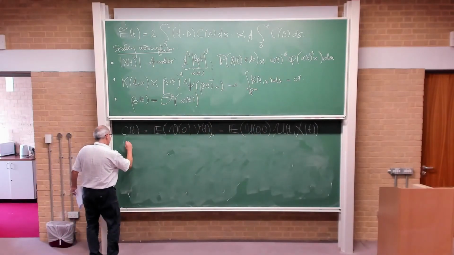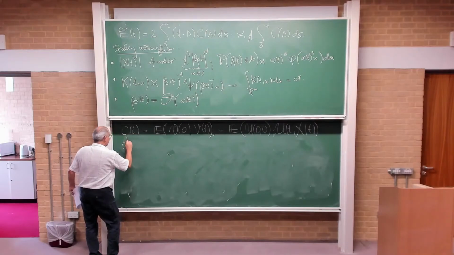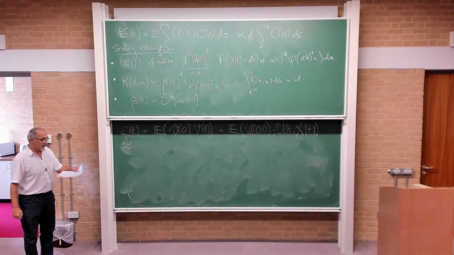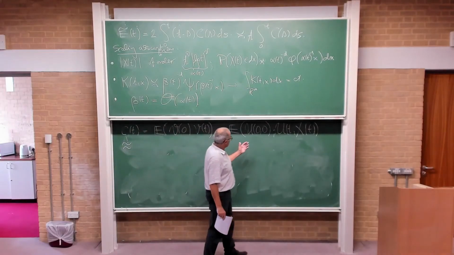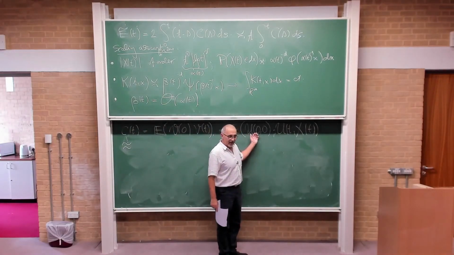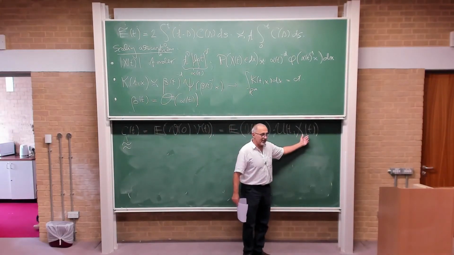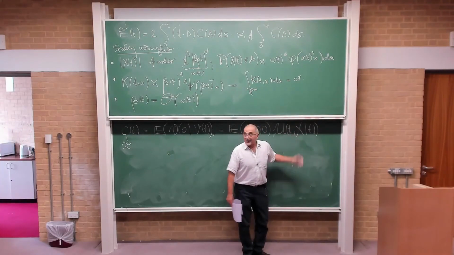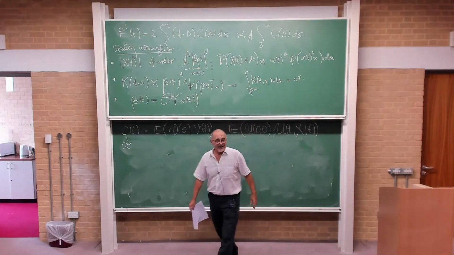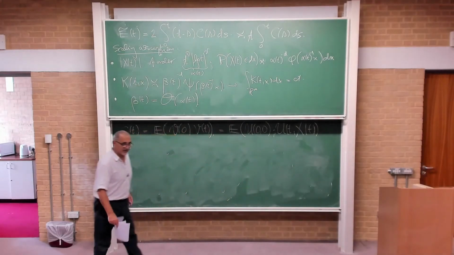Okay, now I cheat. Okay, this is in red. Now I cheat. Right? This is a difficult object because U is a random object, X_t is a random object. I evaluate U at X_t and I take this. It's a difficult object.